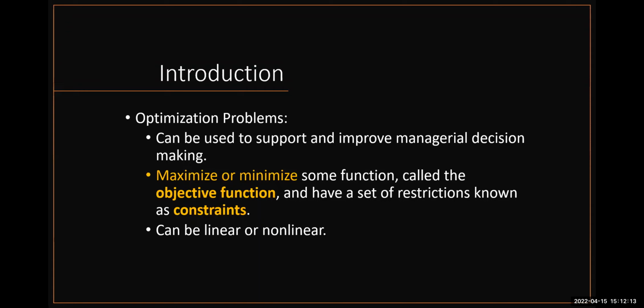To maximize the profit, to maximize the use of resources, such as the number of workers, or to minimize cost, duration, or time. It also depends on what type of function they want to use as a measurement. This is what we call maximize or minimize.